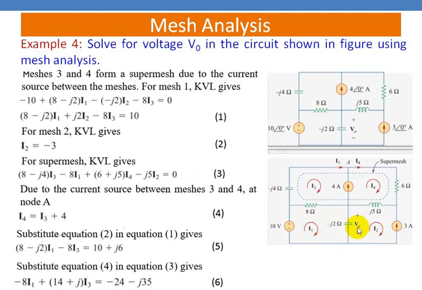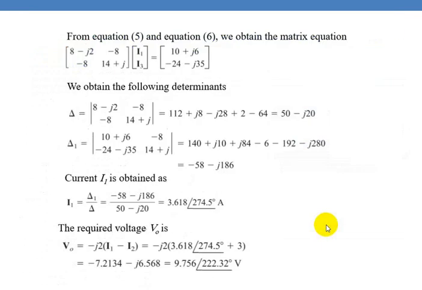So you get this polarity only when the current direction is like this. Whereas this current I2 is in the opposite direction, it is flowing from bottom to top. So therefore I1 minus I2 into minus j2 will give you V0. So once you know I1, you can find out the voltage V0.